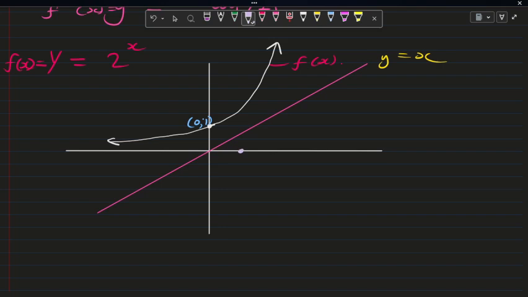So our point will be somewhere over here, and then our graph will look something like that.